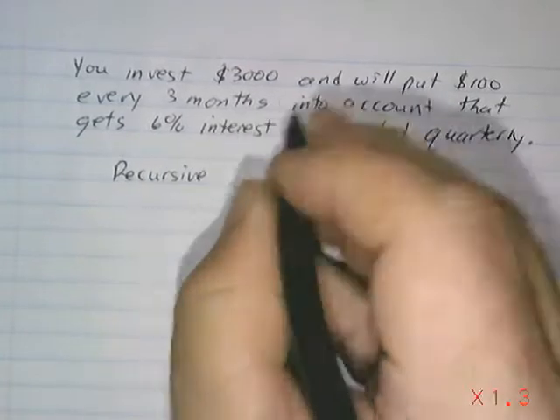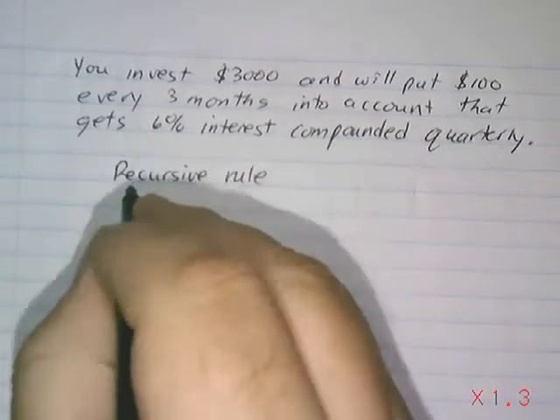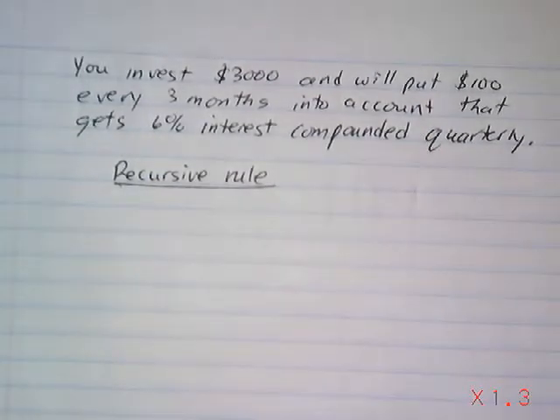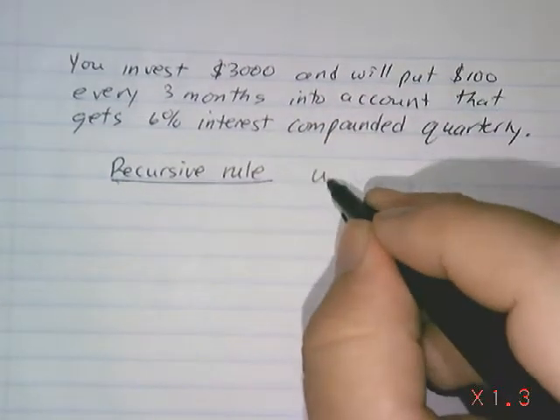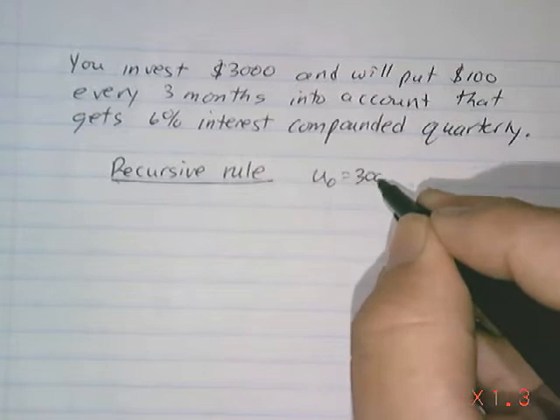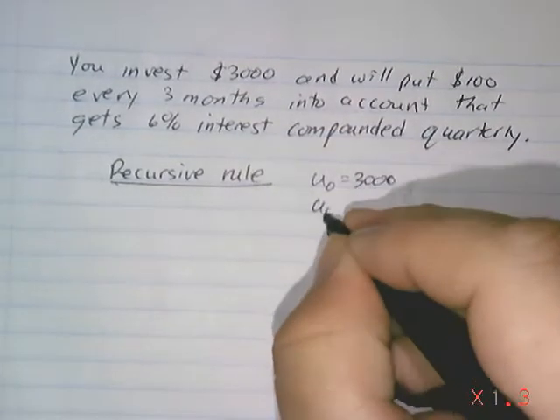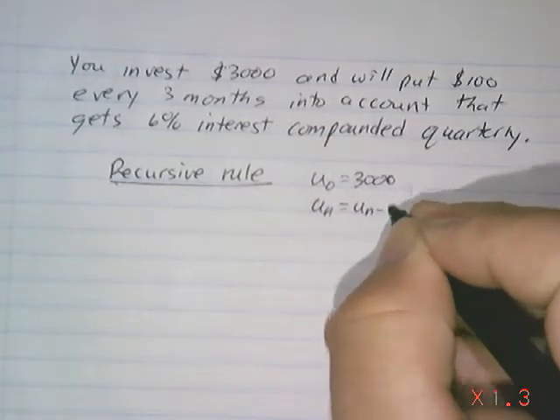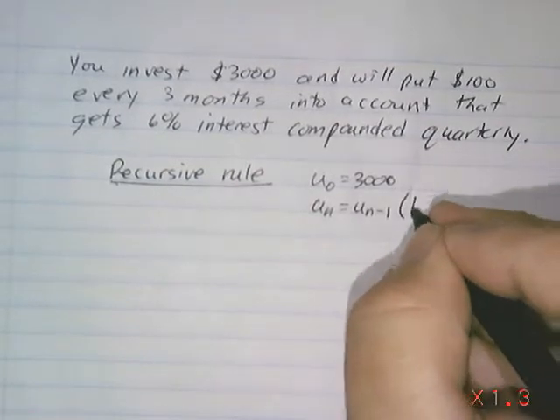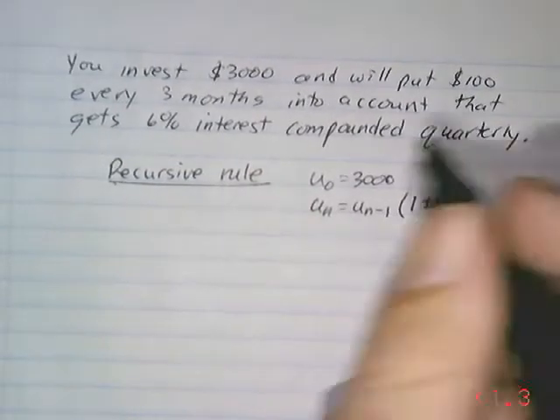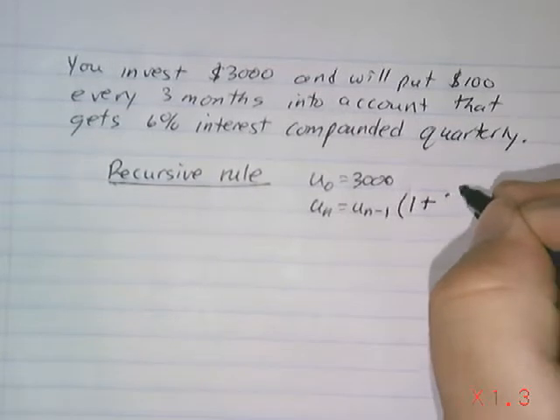Okay, let's say you borrow $10,000 at 4% compounded monthly, with a payment of $120 per month.